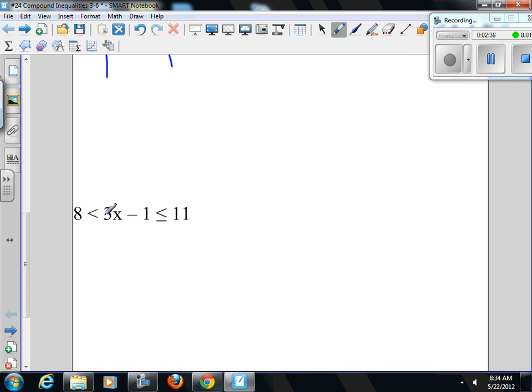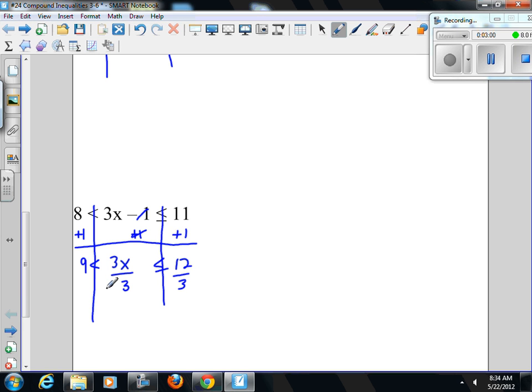All right, so let's try this one. Again, draw your lines down through. We want to get x alone, so we start by adding 1 to each side. So we have 9 is less than 3x because your 1's cancel, which is less than or equal to 12. Now we have to divide everything by 3, so that means on all 3 sides.